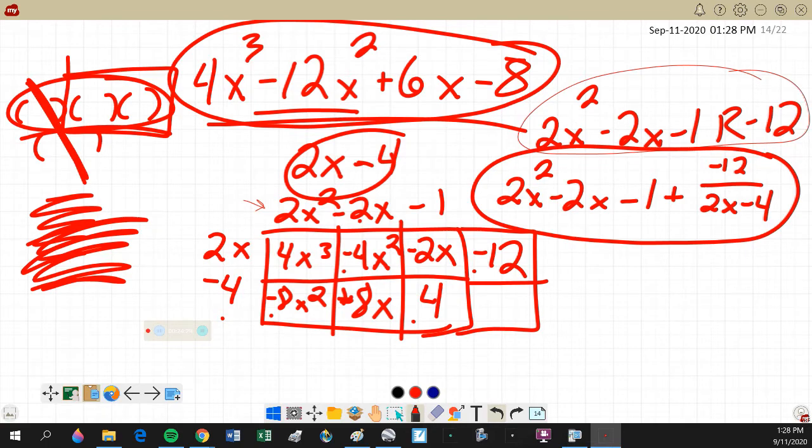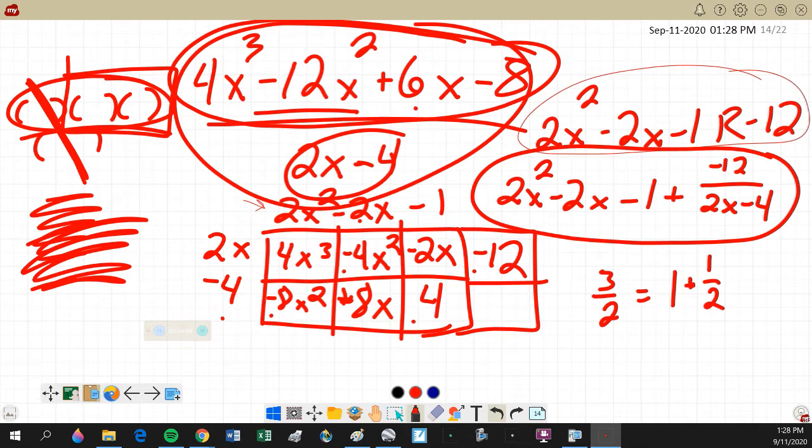Well, if we had 3 over 2, or 1 and 1/2, 3 does not go into 2, right? So basically, this is an improper fraction. Oh, I meant this graph here. Sorry. That graph and this graph are the same. This is the top-heavy fraction, and this is the mixed number.